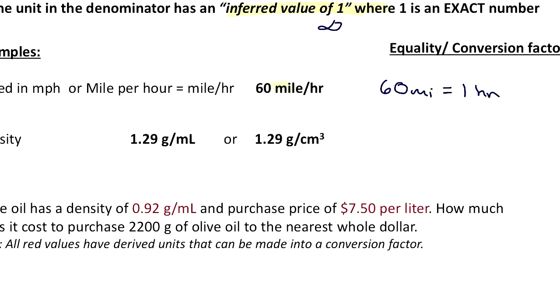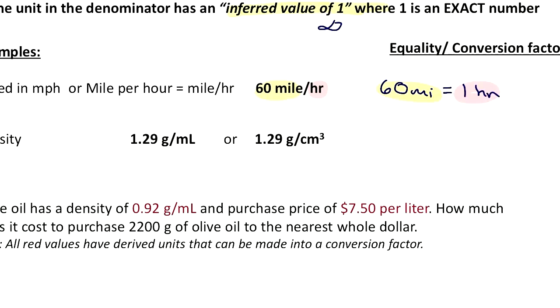Notice how I took the unit in the numerator and the value, and that goes on one side of the equal sign. And then the unit in the bottom, hour, gets an implied 1. So any unit with a fraction, you can turn into an equality in a fraction that you can play with just like any metric prefixes. If you're going 60 miles per hour, in 1 hour you travel 60 miles.